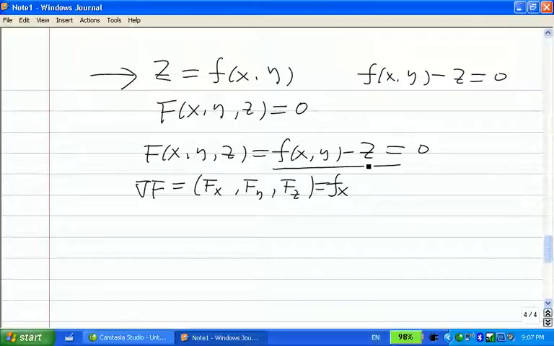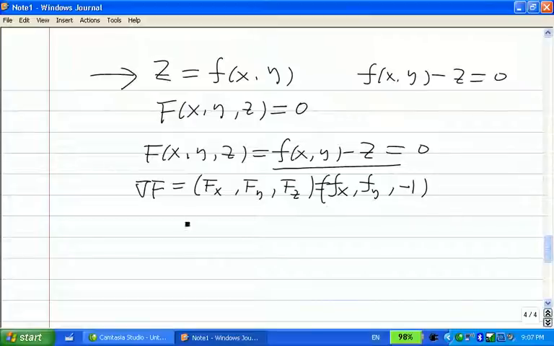You treat y and z as constants. Then partial F with respect to y gives you a small fy, and the second term gives you 0. Then partial F with respect to z: the first term has no z, treated as a constant, gives you 0. Then you get minus 1.